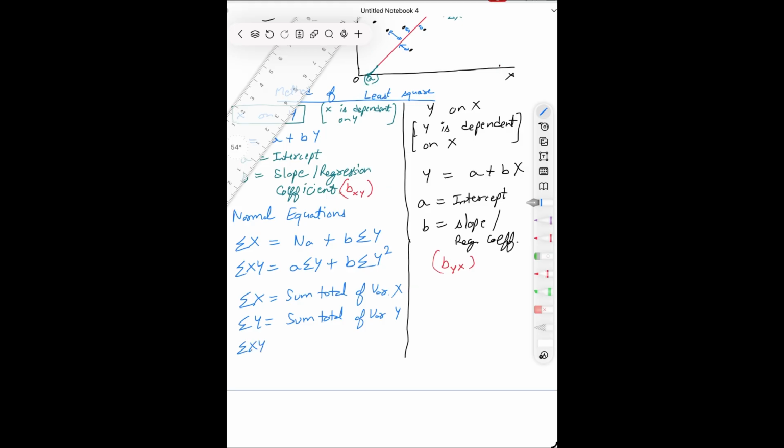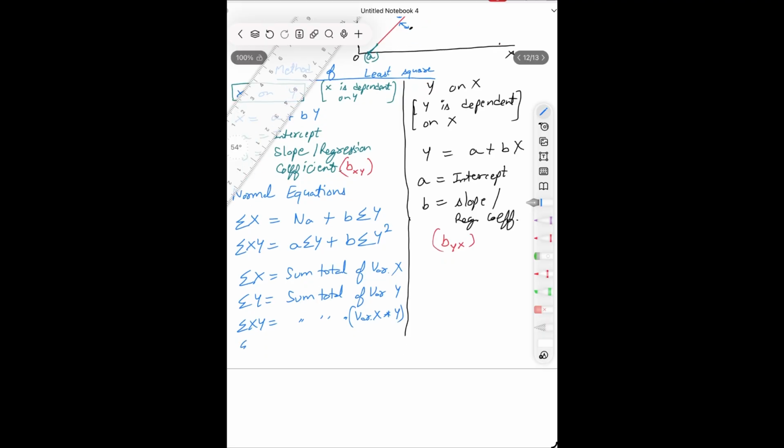Sigma xy again sum total, but now you have to multiply variable x with y and then find out the total. Similarly, sigma x square is the sum total of x square. First you have to square the x value and then find out the total. Similarly, sigma y square is the sum total of y square.